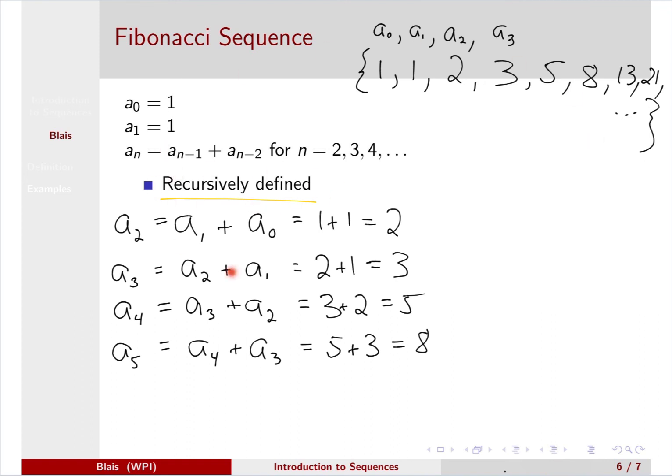We'll look a little bit more at how you deal with these types of sequences when we get into sequence convergence. But it's also kind of a cool sequence because it comes up in nature. The most famous way that it comes up is in terms of counting pairs of mating rabbits. But the Fibonacci sequence shows up quite a bit in nature.